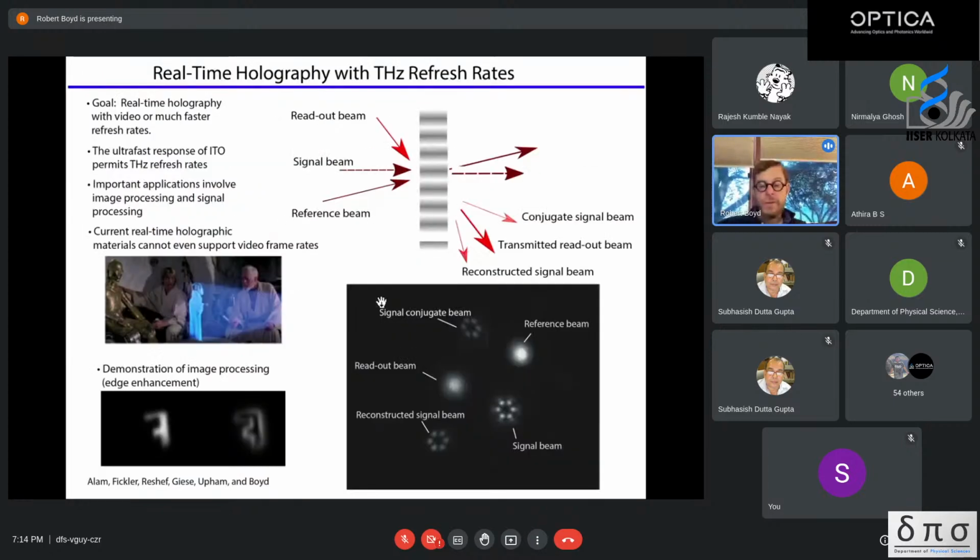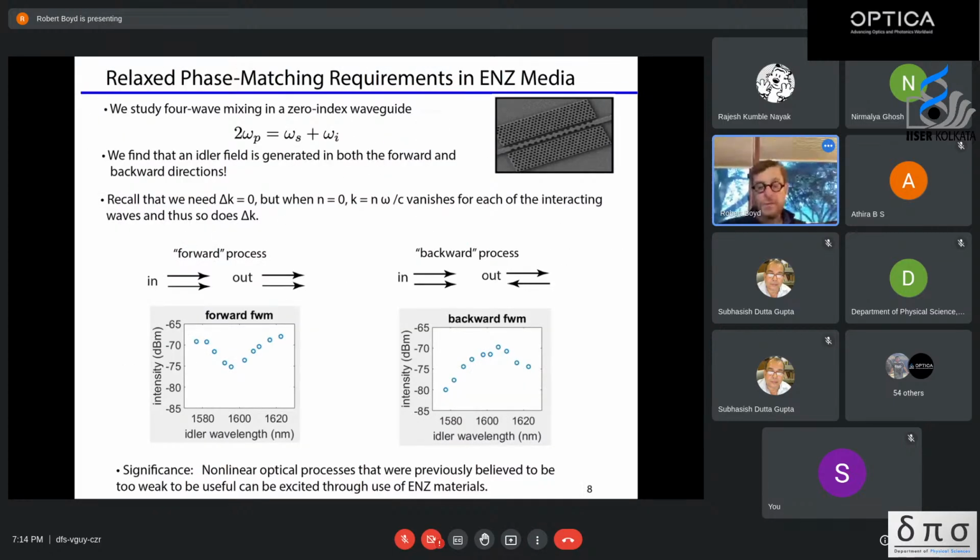So this seems very strange, at least at first, but we remember that the phase matching condition depends on the Z component of the K vector, which is given by n omega over c. If the refractive index vanishes, then the wave vector vanishes. And that means that the phase matching condition can be automatically satisfied for a process like this, as well as for a process like this.